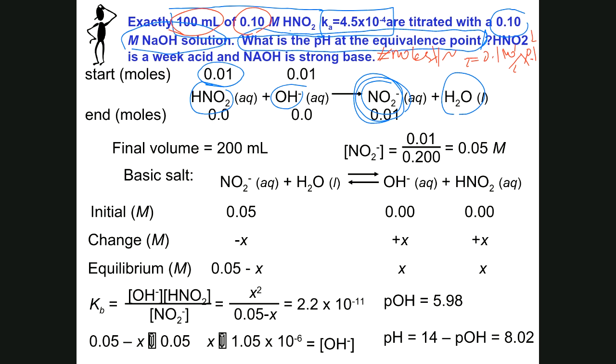And where do you get that 0.1 liter? This 100 milliliter is 0.1 liter. So this is the number of moles for HNO2.